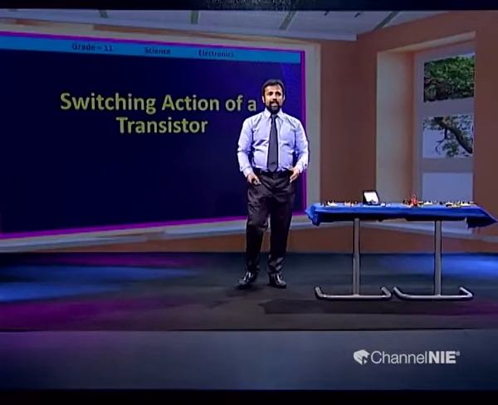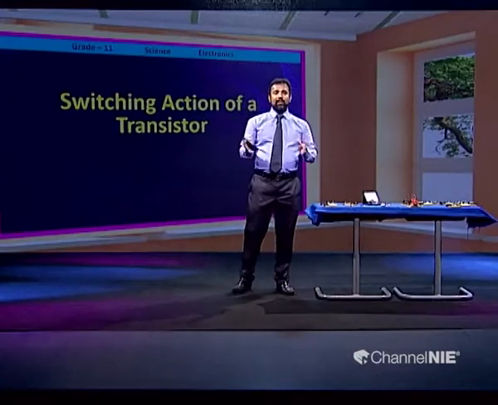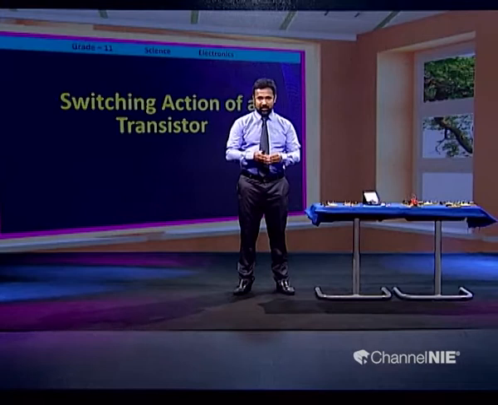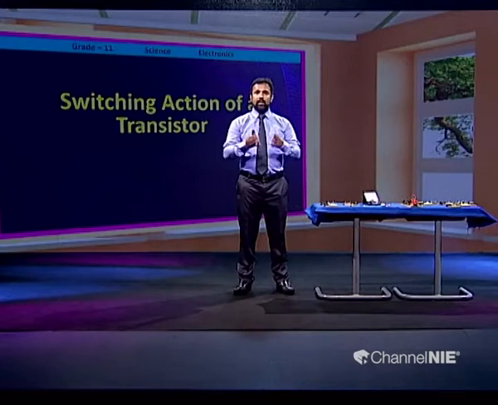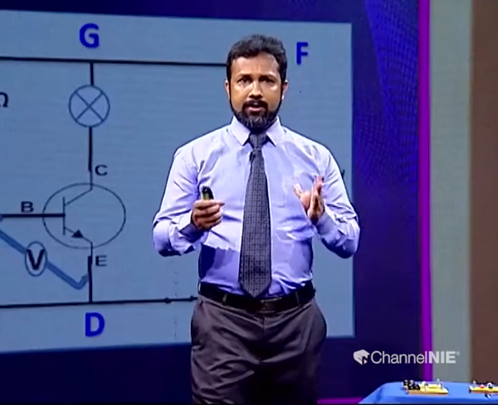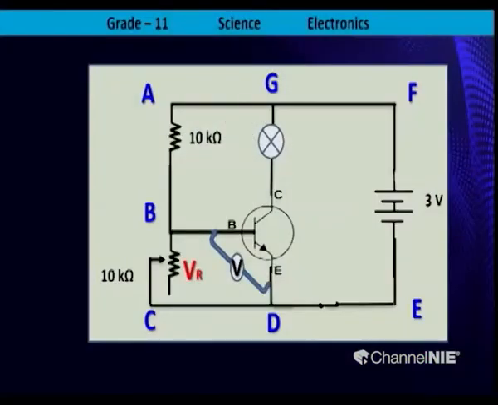Then let's focus our attention on the switching action of a transistor. As I told you earlier, a transistor acts as a current amplifier, a signal amplifier, as well as a switch. Right. When the resistance of VR is minimum, in the circuit diagram, you can see VR means variable resistor or volume controller can be used here.